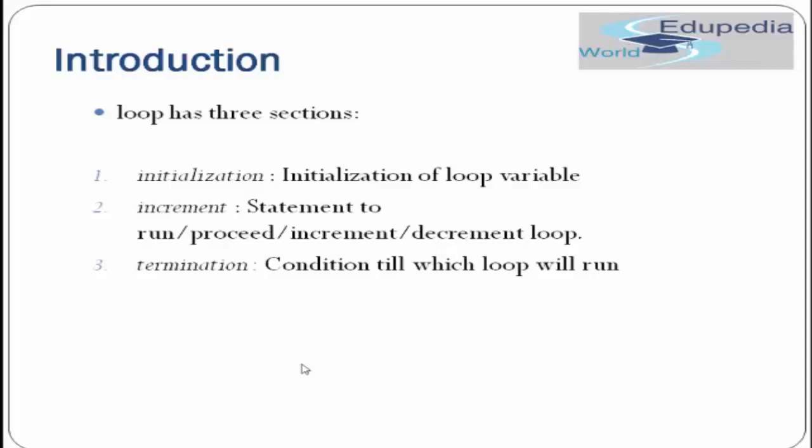So if there is any statement that will allow the loop to move forward, that is a part of the increment statement. Then we have termination, the condition till which the loop will run. Once that condition becomes false, the execution will come out of the loop. If the condition is true, then the loop will keep on running. So these are three important sections that every loop must have.